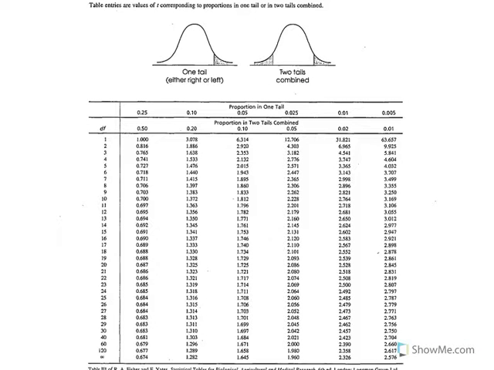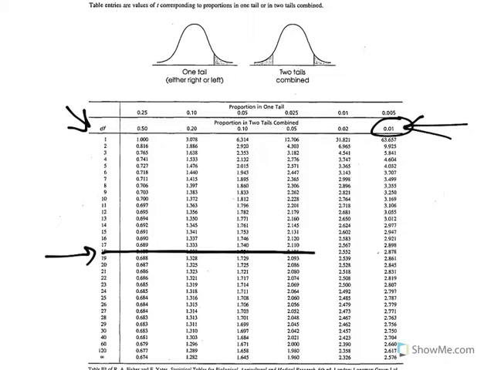So here is our t distribution. Again, we're conducting a two-tailed test, so we're going to focus on this tier at 0.01. So there's our alpha level. Our degrees of freedom over here was equal to 18. So here is 18, and we're just going to see where those values intersect so that we can report our critical t.